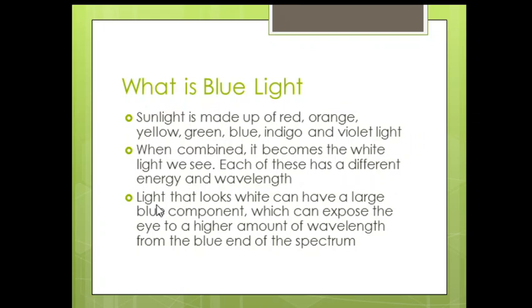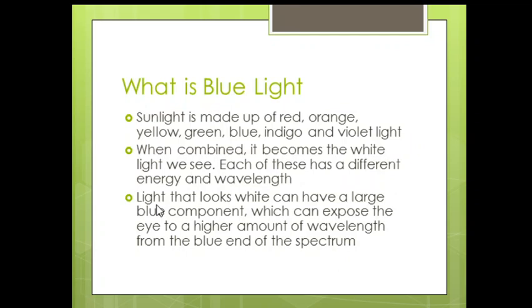Sunlight is made up of red, orange, yellow, green, blue, indigo, and violet lights. When all these lights combine, it becomes the white light we generally see.